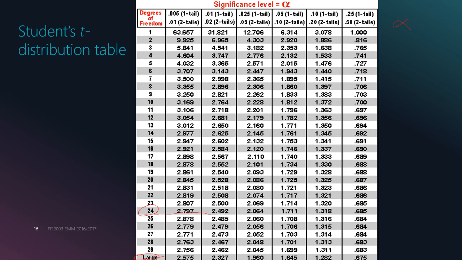Alpha ni kita dapat kalaulah kita tentukan sample 95% confidence level, maknanya alpha sama dengan 0.05. Kalaulah kita rasa sampling kita ni agak dengan kawasan yang besar, so kita tetapkan confidence level kita pada 90%. So alpha ni sama dengan 0.1.